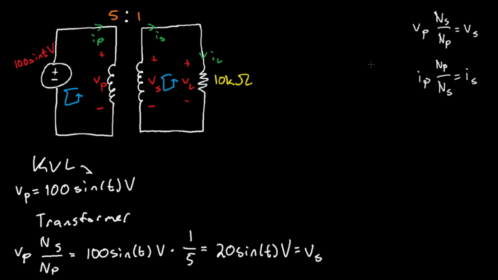So this right here was KVL. We're going to write another KVL equation. V of S is equal to V of L, which means that V of L is equal to 20 sine of t volts.